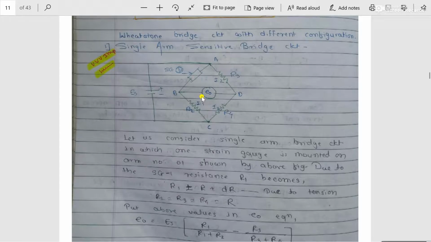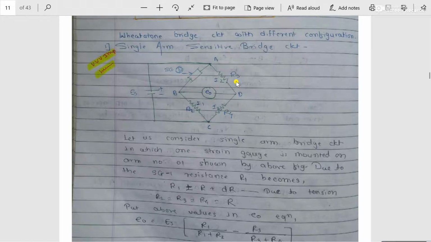Whatever strain gauge is attached to arm number 1, or arm AB, it has the same value as the resistors mounted on the remaining 3 arms. For example, if the resistance has the standard value of 350 ohm, all the resistances should also have the same value, and only then is bridge balancing possible.